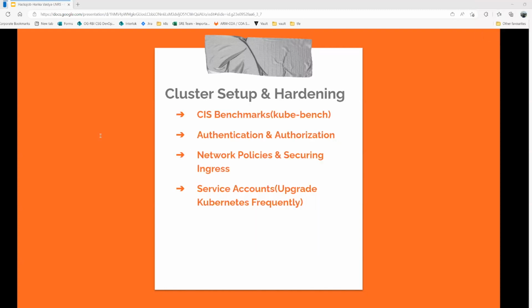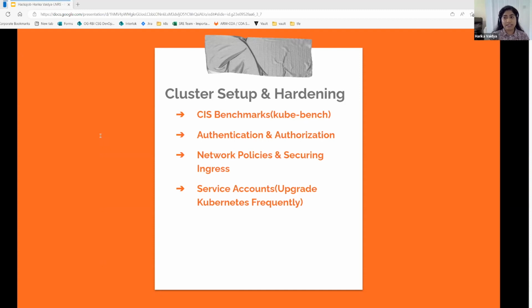Talking about service accounts, this is an important Kubernetes object, which is used for the identity of pods within the cluster. By assigning service accounts to pods, you can control the permissions and access levels for those pods. Upgrading Kubernetes frequently is another crucial step, which helps in keeping a cluster secure and up to date with the latest security patches and bug fixes.